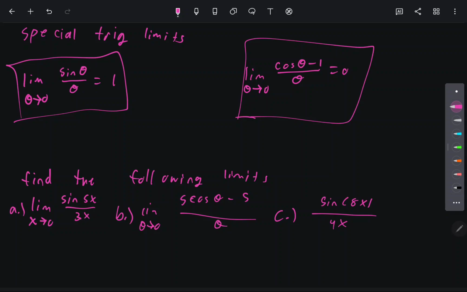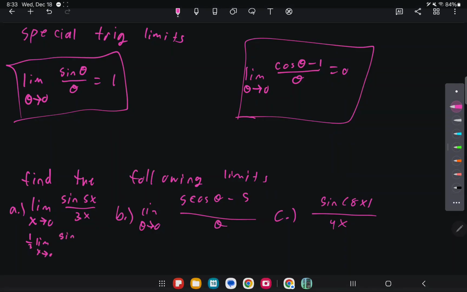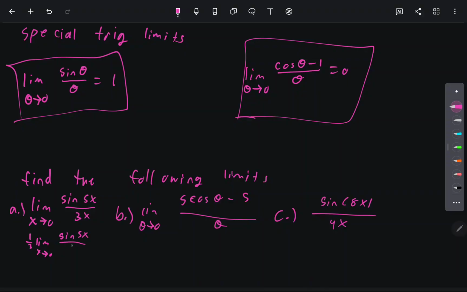So how do we find the following limits? If we have the limit as x approaches 0 of sine of 5x over 3x, we don't have a definition for a special trig limit there, but what if we say that this is 1/3 the limit as x approaches 0 of sine of 5x over x?